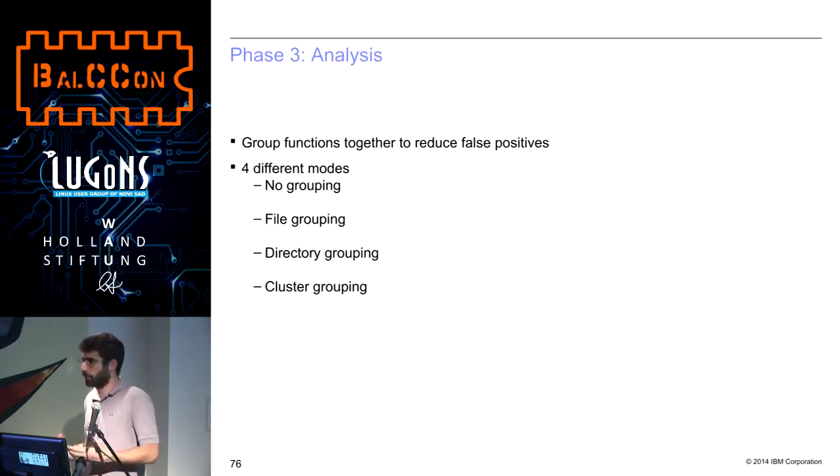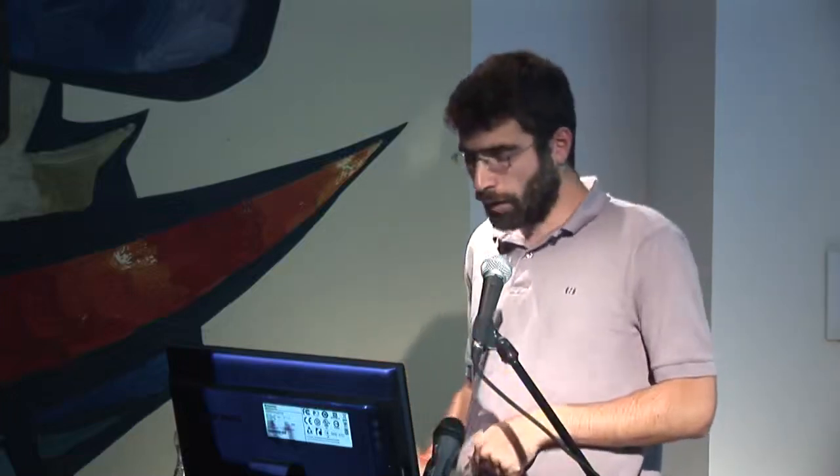You can do the same thing with the directories where they're declared. And finally, we also do the same thing with k-means clustering over the kernel call graph. So functions that tend to call each other are clustered together. With this grouping phase, we essentially reduce the false positives.